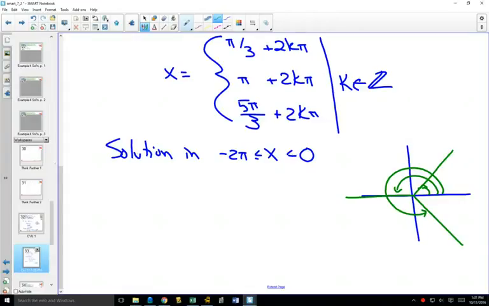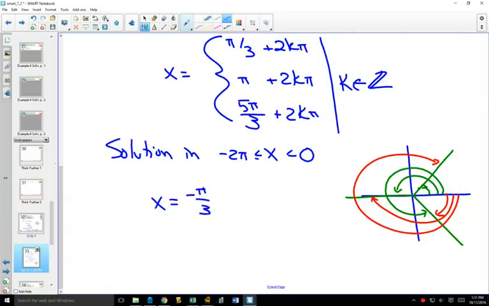If we wanted to find out from -2 pi to 0, that's like going from 0, there'd be this answer and this answer. Okay? 2 ways you can think about this. If you think about the diagram, some of you will be able to just write them out. Can you see that the first one would be -pi over 3, the second one would be -pi, and the last big one would be -5 pi over 3?